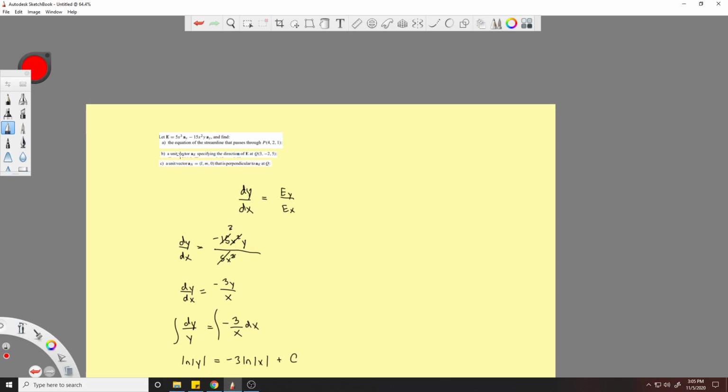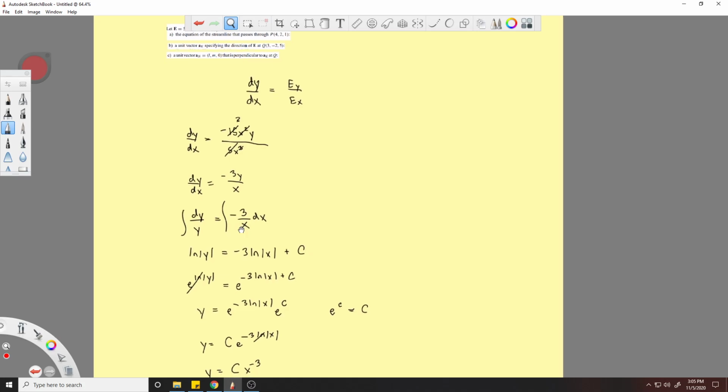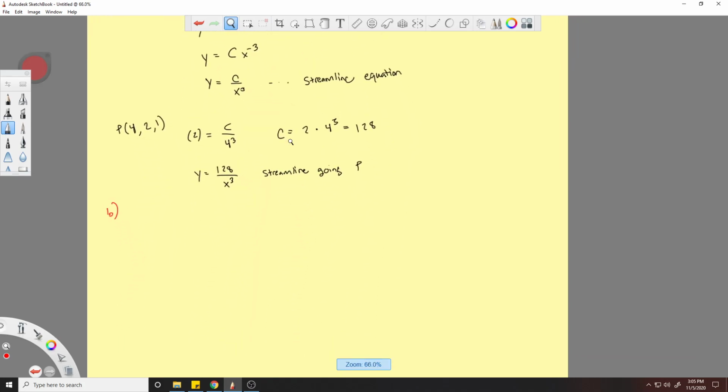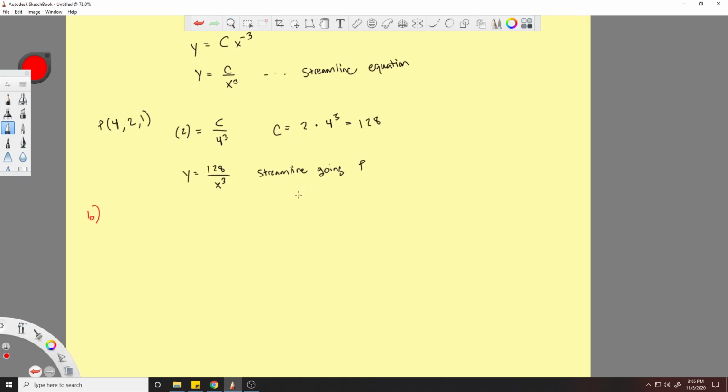So to do that, we have our equation E, I'm just rewriting our equation: 5x cubed ax minus 15x squared y ay.